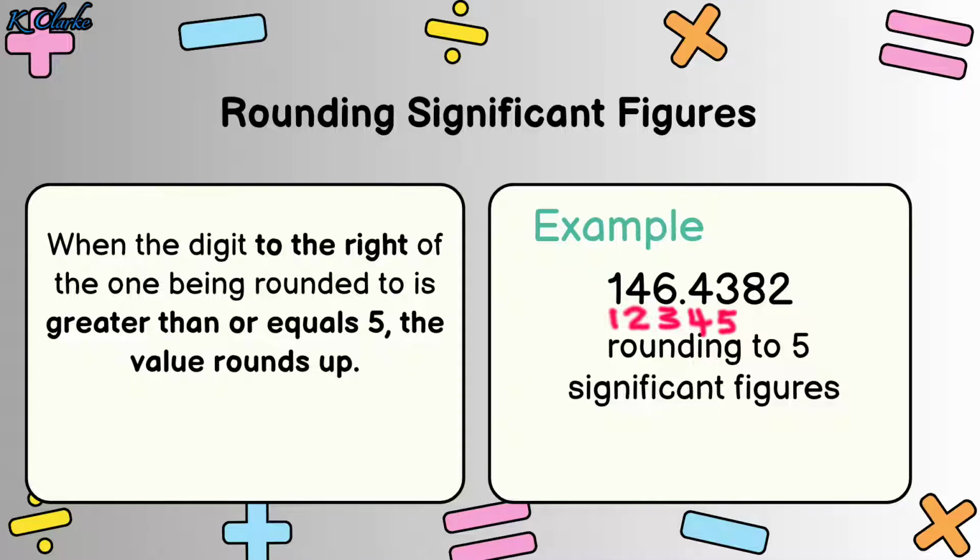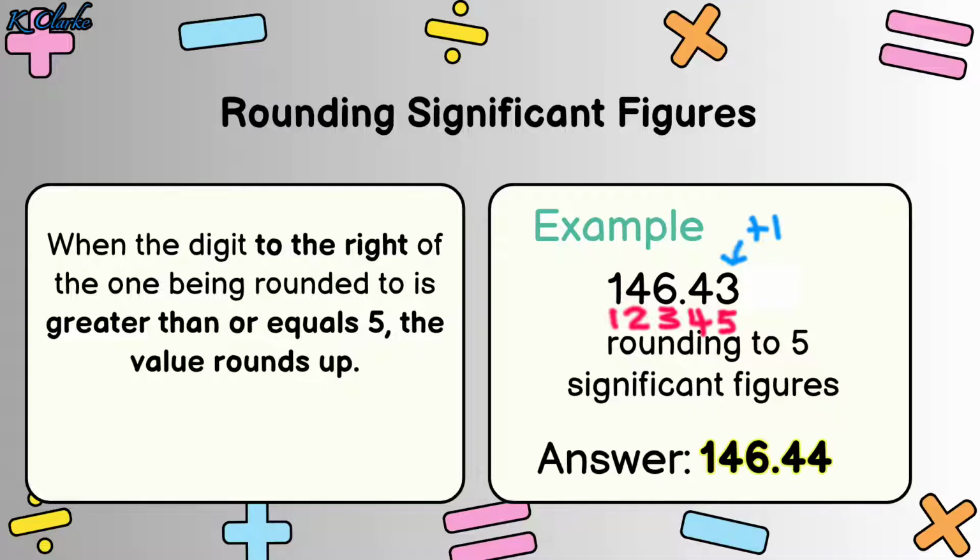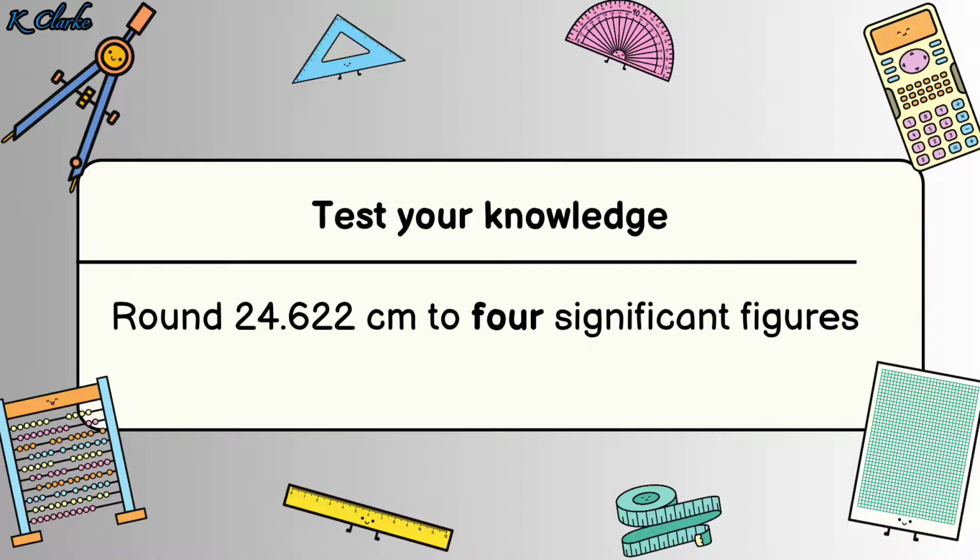The number to the right of 3 is 8, which is greater than 5. Therefore, we add 1 to the 3 and remove 8 and 2. Therefore, the answer will be 146.44.